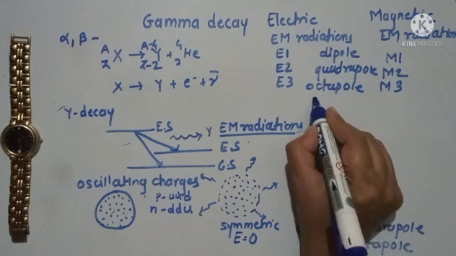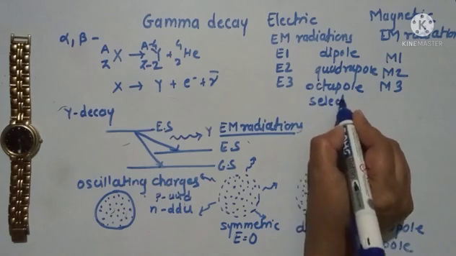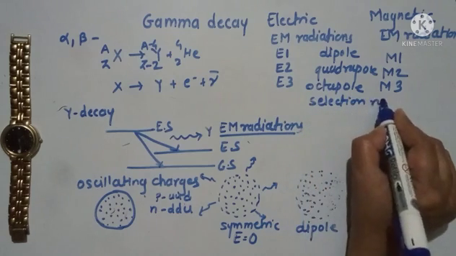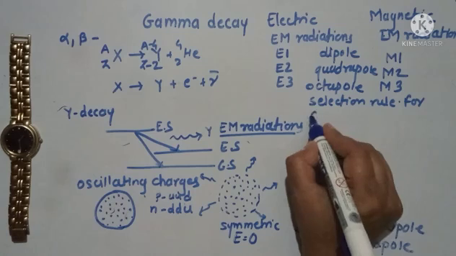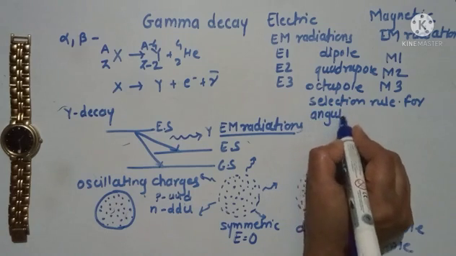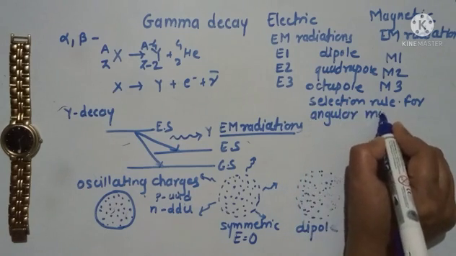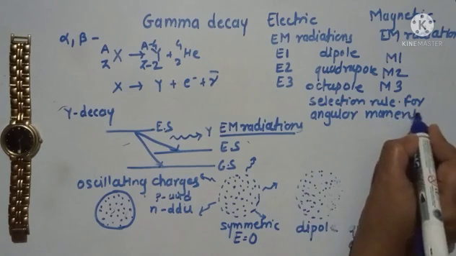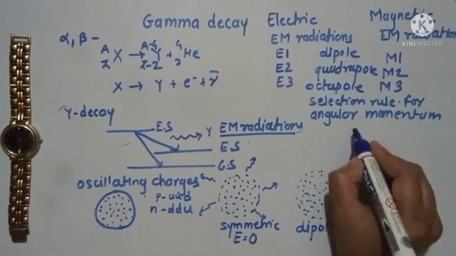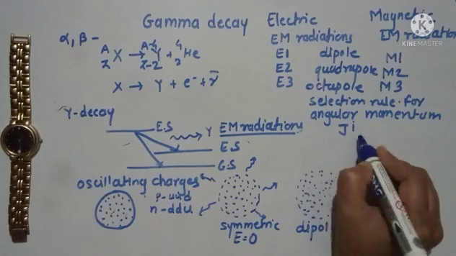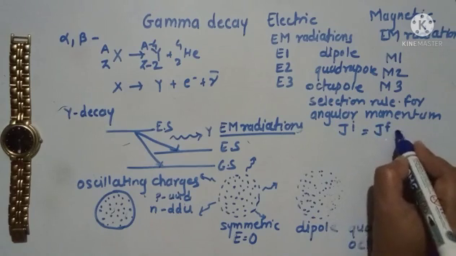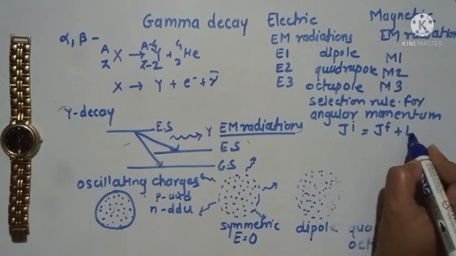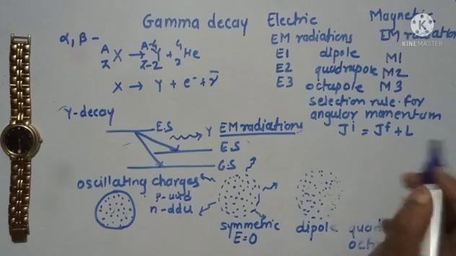So the selection rule for angular momentum can be written as: Ji, the angular momentum of the initial state, is given by Jf plus L, where L is the angular momentum of the gamma radiation.